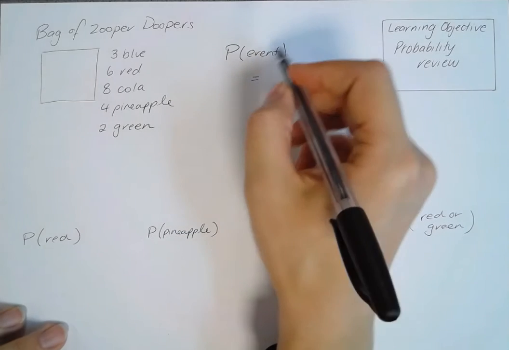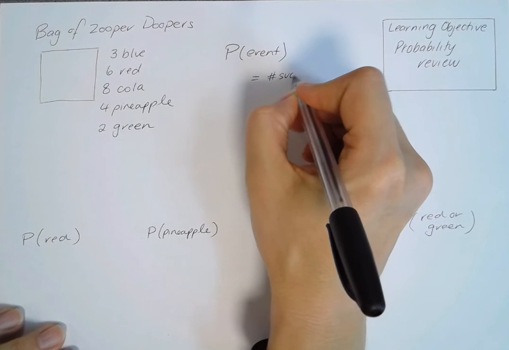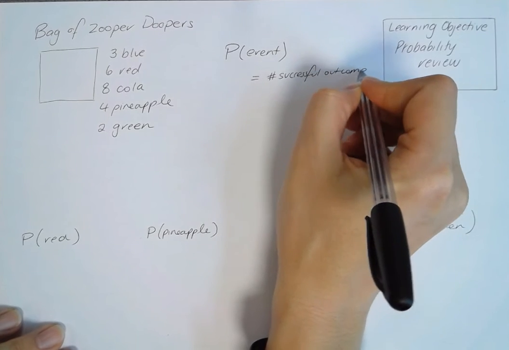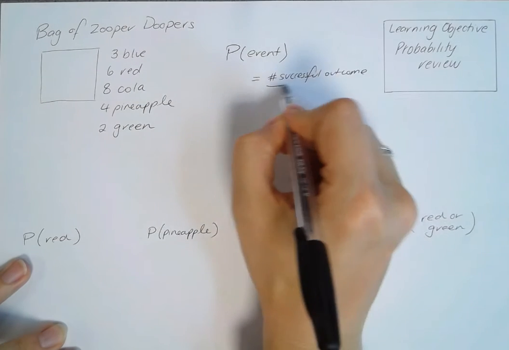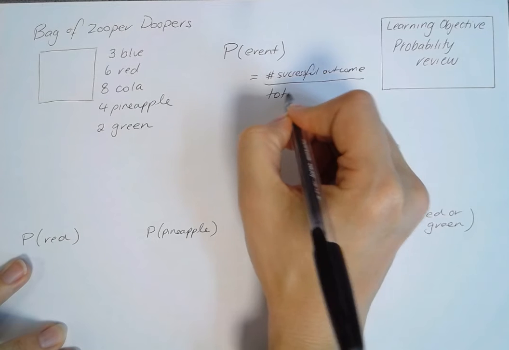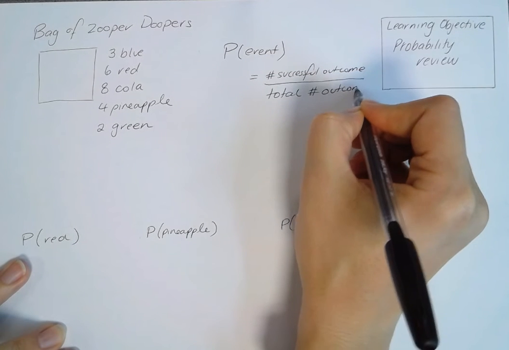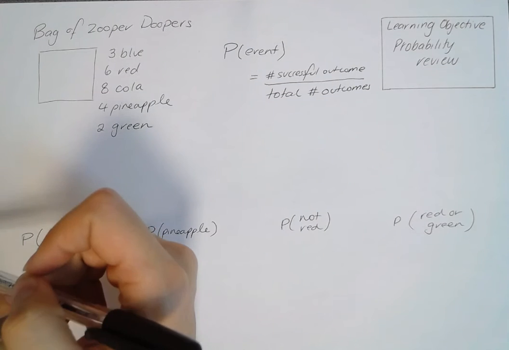So the probability of an event is equal to the number of successful outcomes that we want. The successful outcome in this case would be pulling out a red one, because we want a red one, divided by the total number of outcomes. All right, and the total number of outcomes is how many different things we could potentially pull out.